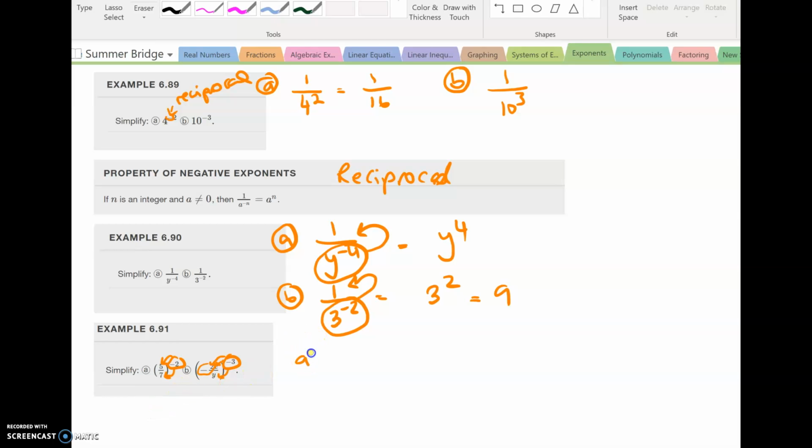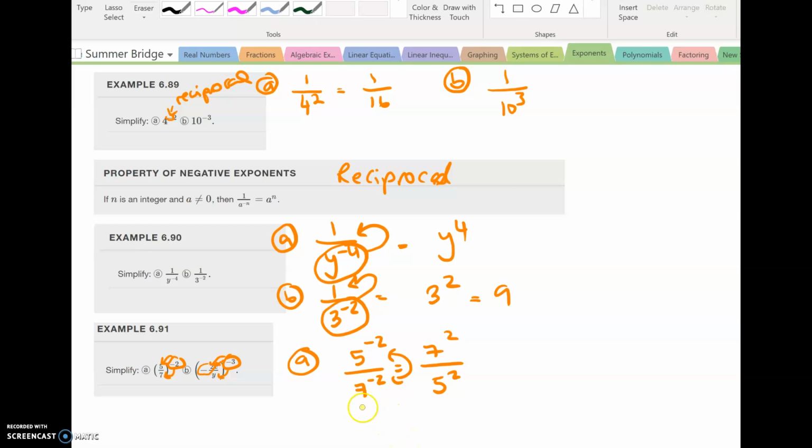So for A, we'll start with a simpler one. We're having a to the negative second power over 7 to the negative second power. Really all that's saying is, hey, just flip-flop those, make those exponents negative or positive. So the 7 goes on top, the 5 goes on the bottom, and then those become just squareds.